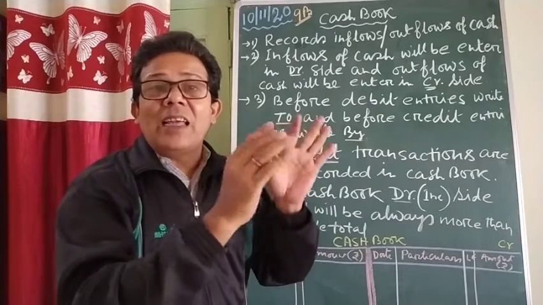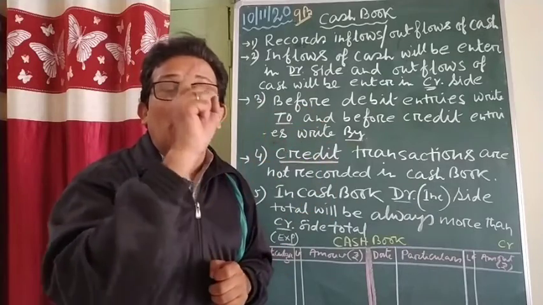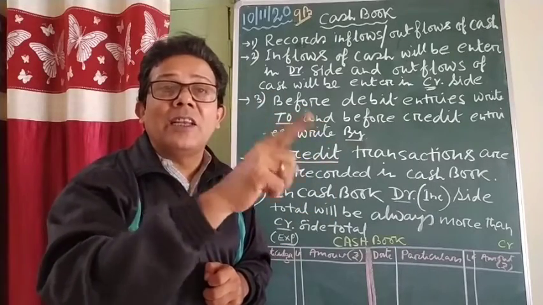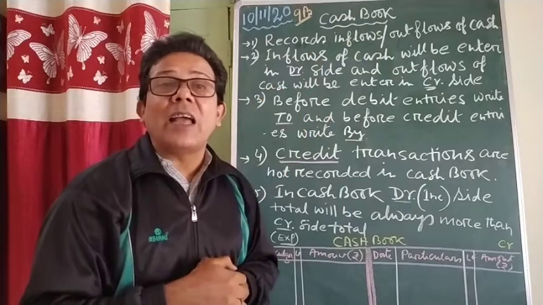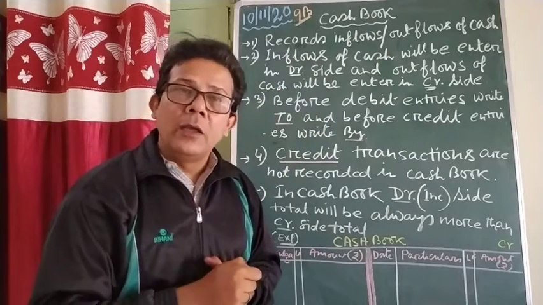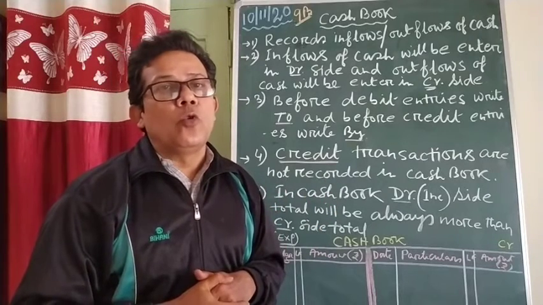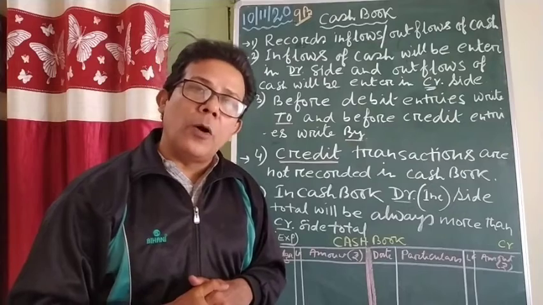So to make the credit side equal, you have to write the balance, and always the balance c/d will be on the credit side of the cash book by using the words "by balance c/d". Yes or no, beta? Just remember these rules. You will be able to do all the cash book entries properly.